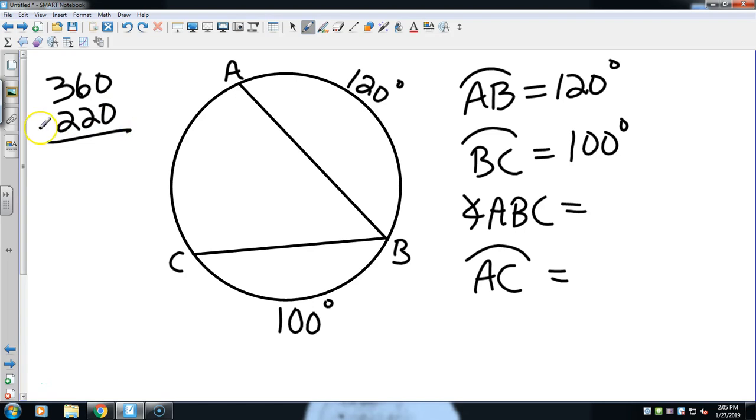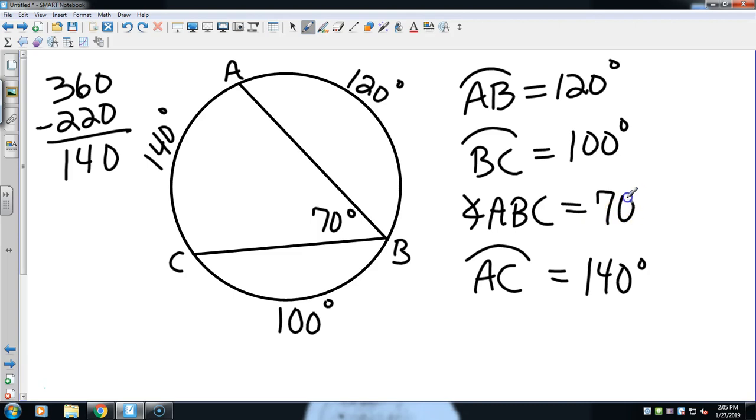And so if I subtract that, I have 140 left, which means arc AC has to be 140 degrees. And if arc AC is 140 degrees, that means angle ABC is half of that. So it is 70 degrees. And that's how we find inscribed angles.